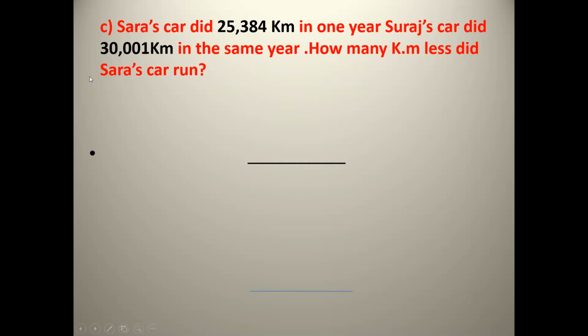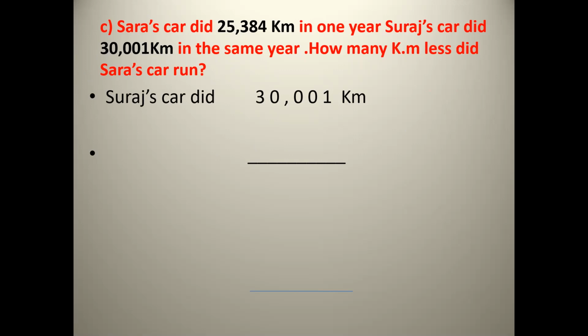Look here, we put the big number up because Sarah's car did less than Suraj's car. To know the difference, or how many kilometers less Sarah's car ran, we will also subtract. So this is the first statement.